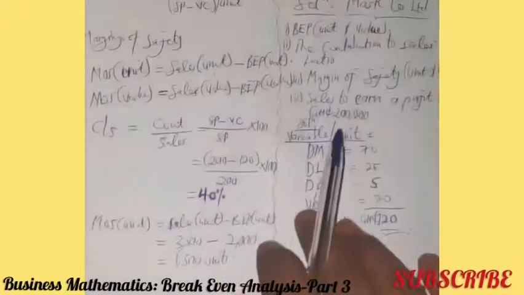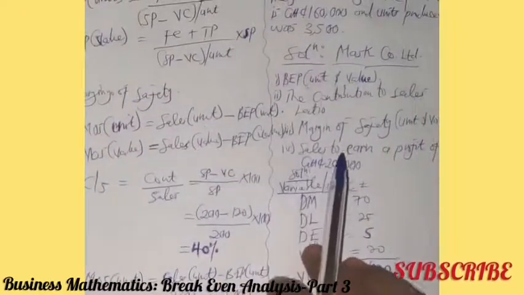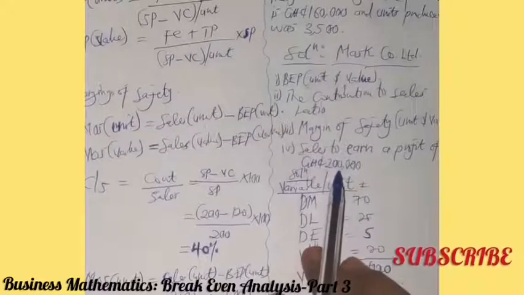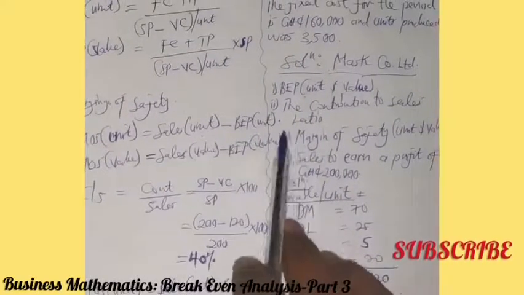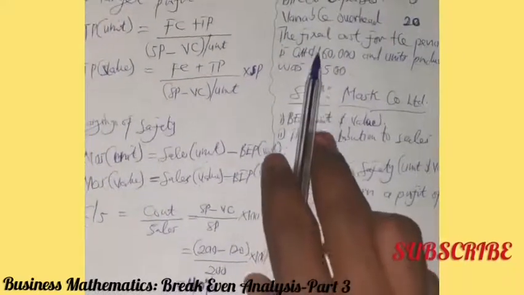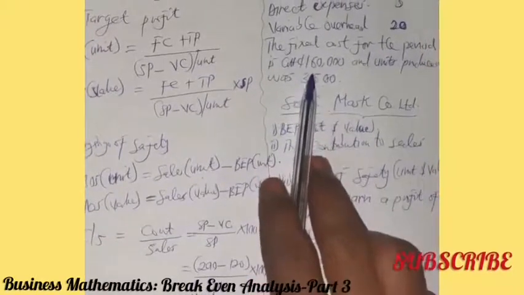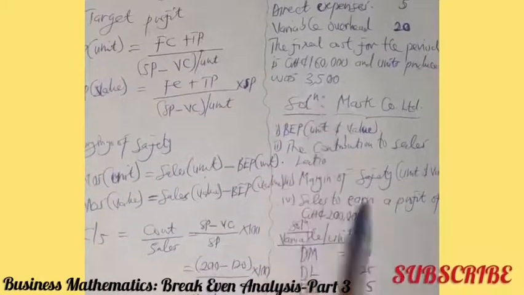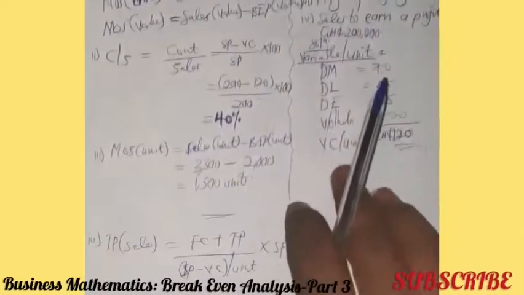So here, where is our targeted profit? Our targeted profit is 200,000, and our fixed cost was 160,000. Then other variables are also employed.